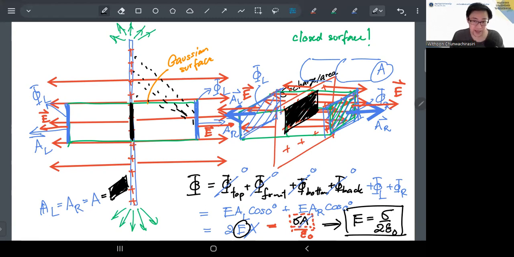Okay? And one observation that you can notice from here, which is very cool, is that it has no distance dependence at all. Does that make sense? There's no r, no distance from the plate. So from the result, no matter where you are, you don't have to worry about the distance from the plate.